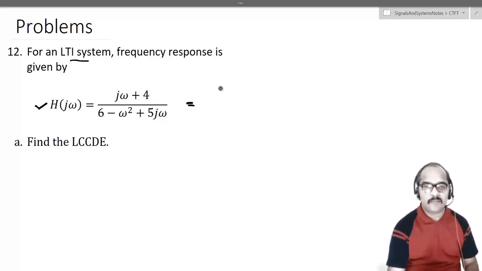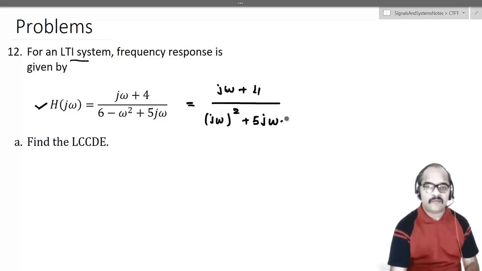So H of j omega, we can write it as (j omega plus 4) divided by (j omega)^2 plus 5j omega plus 6. With that, the first step is we have to factorize this H of j omega.